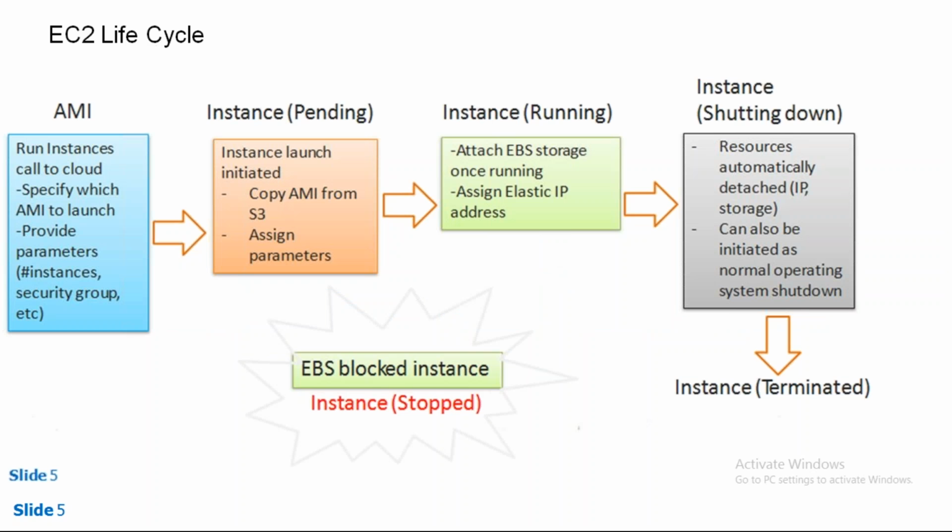Then it's the EC2 life cycle. So first, AMI run instances, call to cloud, specify which AMI to launch, provide parameters like instances, security group, etc. Then instances pending, launch initiated, copy AMI to S3. Whatever AMI we create will be copied to the S3 bucket.